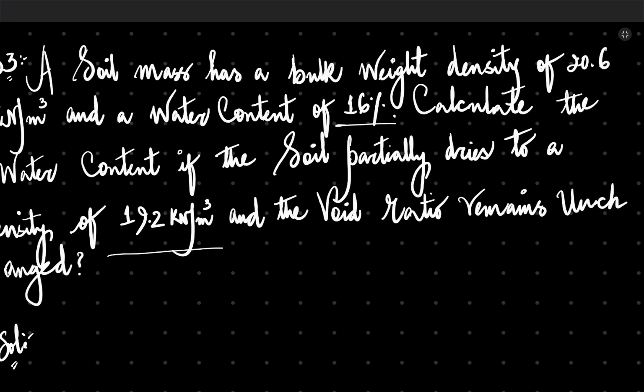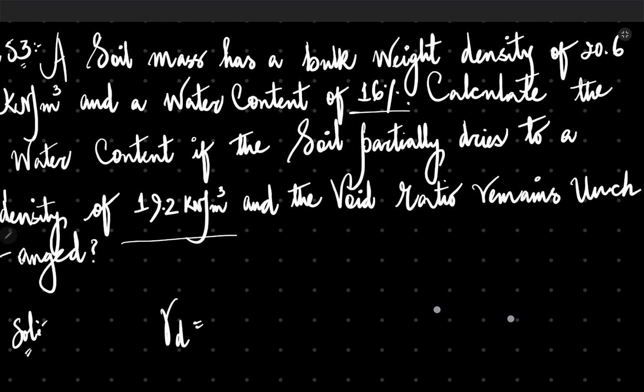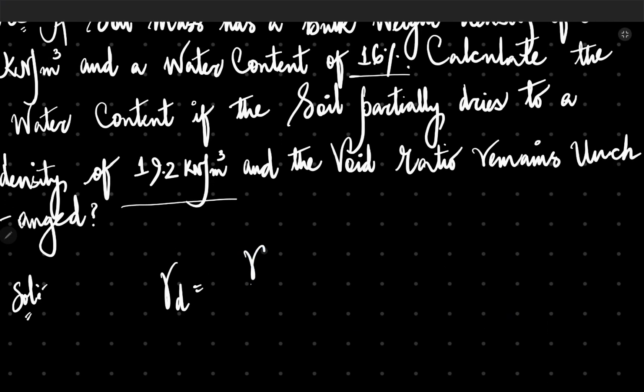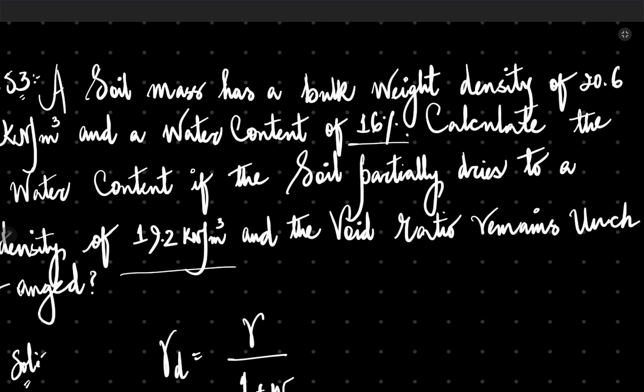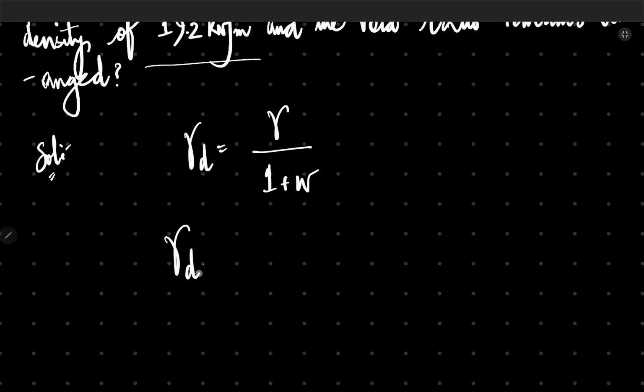All right, so let's do this. It says a soil mass has a bulk weight density of this and a water content of this much. So we can very easily find the dry density first, or the dry unit weight. Bulk weight density is given, 20.6 kilonewton per cubic meter, and the water content is how much?